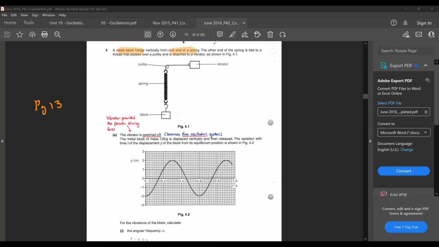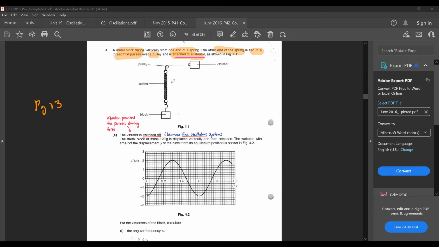The other end of the spring is tied to a thread that passes over a pulley and is attached to a vibrator. Here, the important thing to note is that one end of your spring is actually attached to a vibrator or an oscillator. They mean the same thing, as shown in the figure right below here.